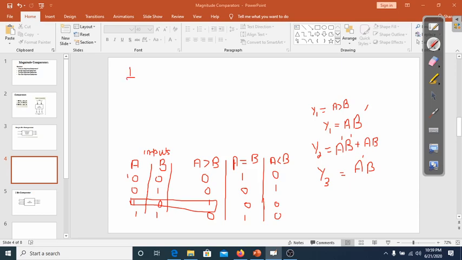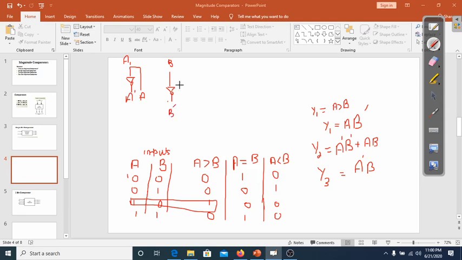This is A, input A, this is the complement of A, this is A, this is the complement of A, and this is A. Similarly for input B, this is the complement of, sorry, I'm sorry, I'm not used to this digital board.